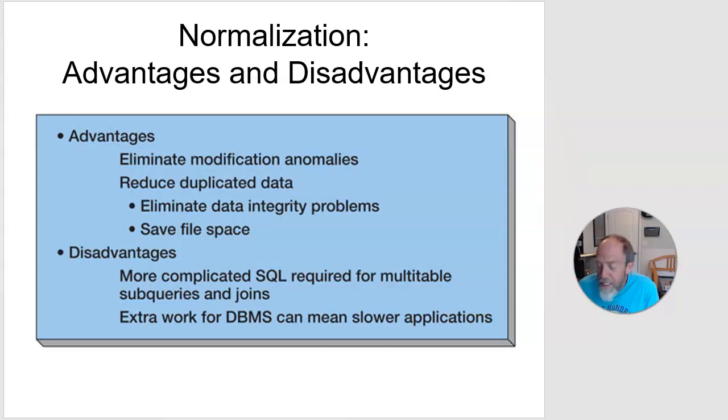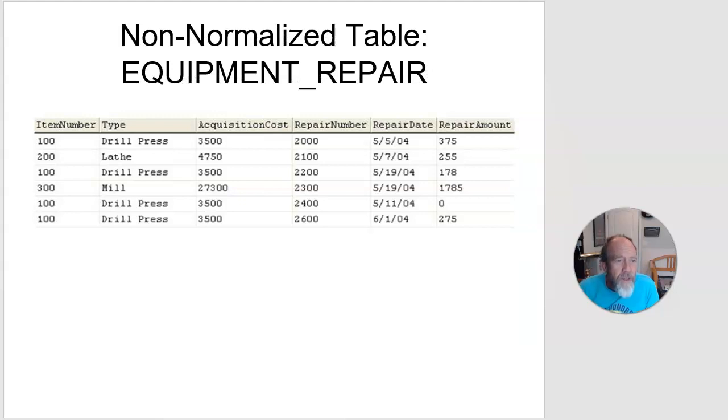But those joins can slow you down. That is one of the things that happens. So a non-normalized table like this table right here, you got repair mixed in with items. The same item is going to be repaired multiple times, but guess what? You can look at the table going, that drill press is showing up over and over again.